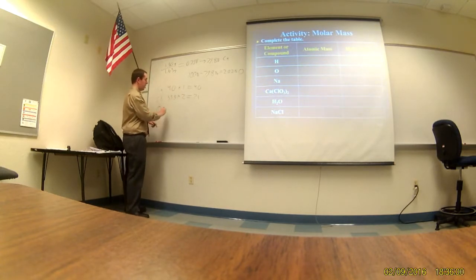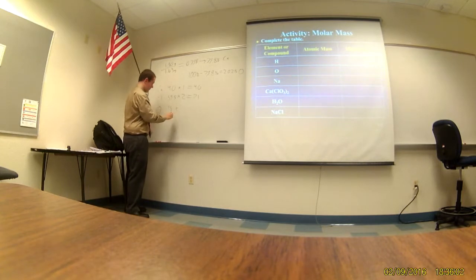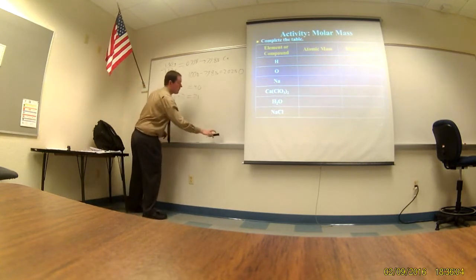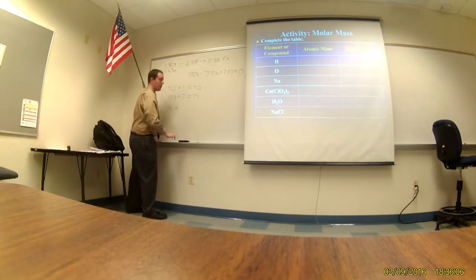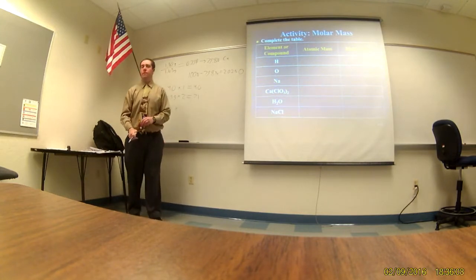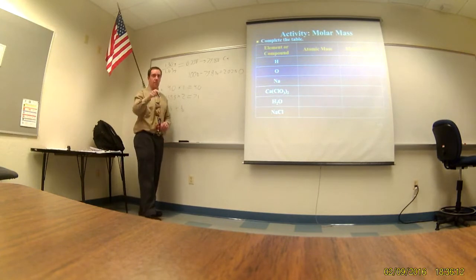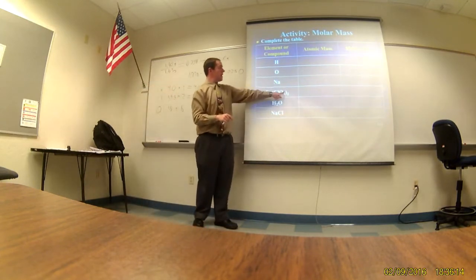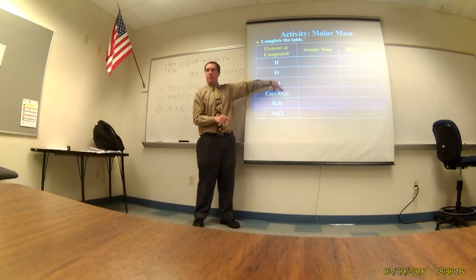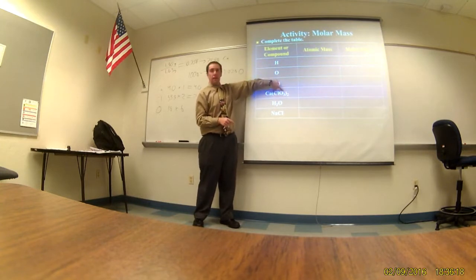And then we have oxygen. Oxygen is 16. How many oxygens do we have? 6, because you have to multiply it out. There are 3 in each of these units, but there are 2 units.